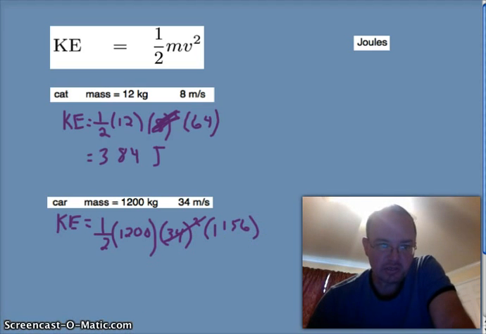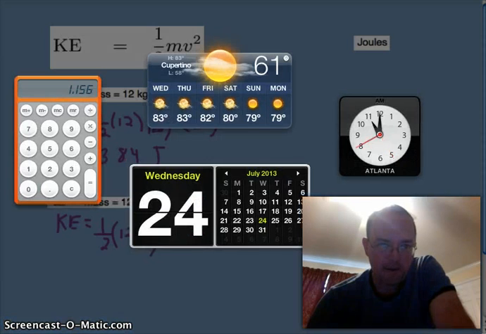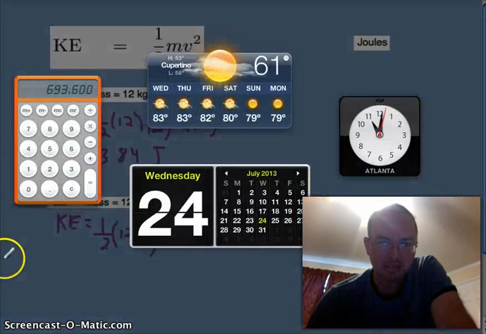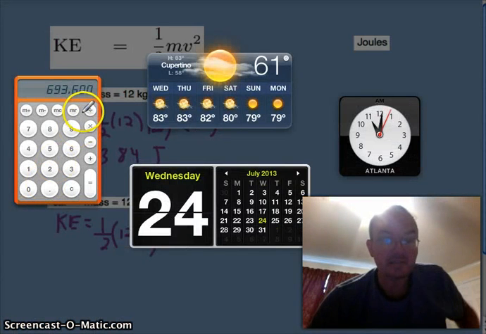Let's go with 0.5 times 1,200 kilograms times 1,156. I believe that's what it was. Equals, let me make sure that's 1,156. Yes, it is. So what did we have?